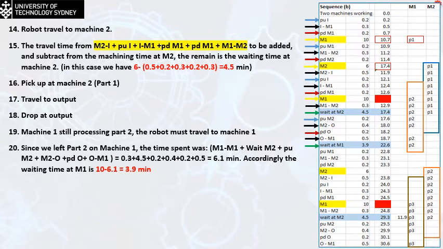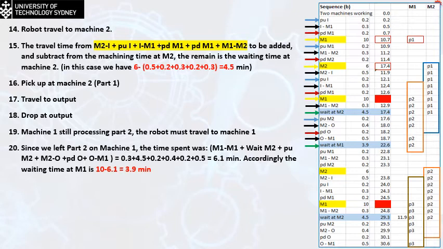Since we left the part at machine number 1, we spent 0.3 minutes traveling from machine number 1 to machine number 2. Waiting time for 4.5 minutes at machine number 2. This makes it 4.8. Plus 0.2, which is pickup time at machine number 2. This will make it 5 minutes. Traveling from machine number 2 to the output is 0.4.